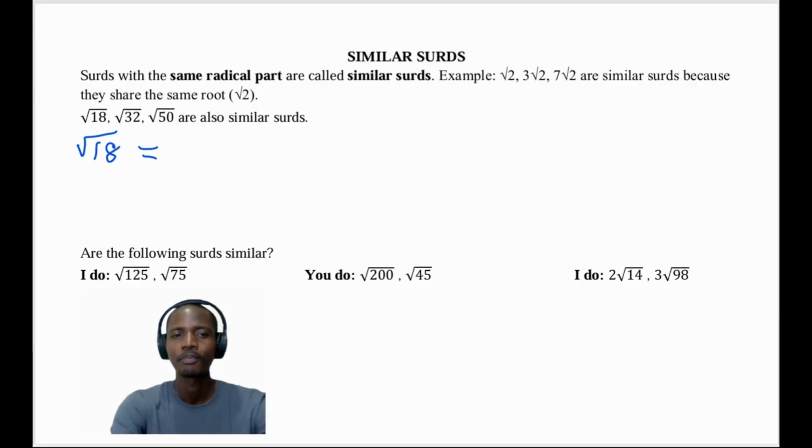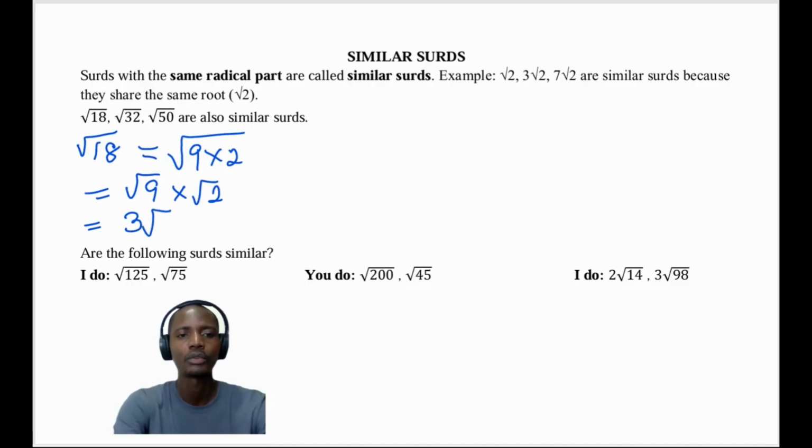Remember, it is the same thing as having the root of 9 times 2. And of course, that gives us root 9 times root 2, which is equal to 3 times root 2, that is 3 root 2. Now, that's what root 18 is. So root 18 is 3 root 2. Let's see what root 32 will give to us. Root 32.